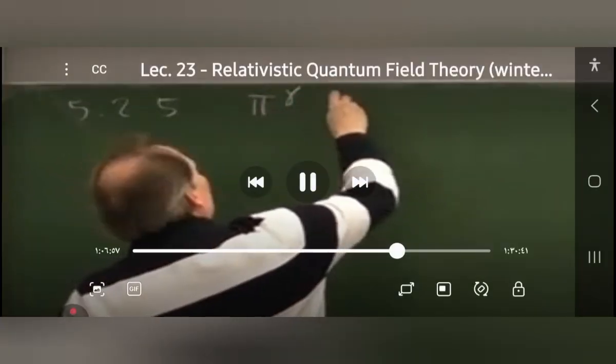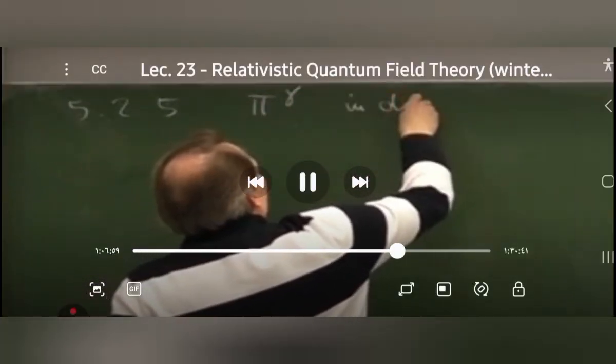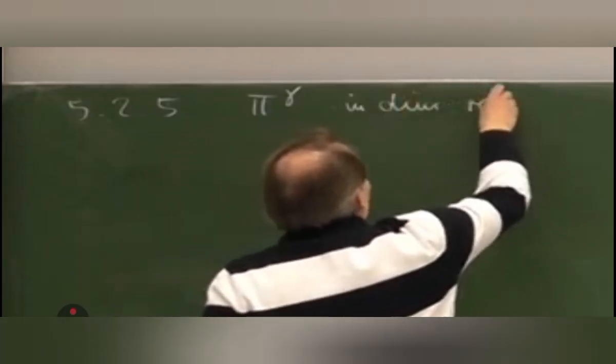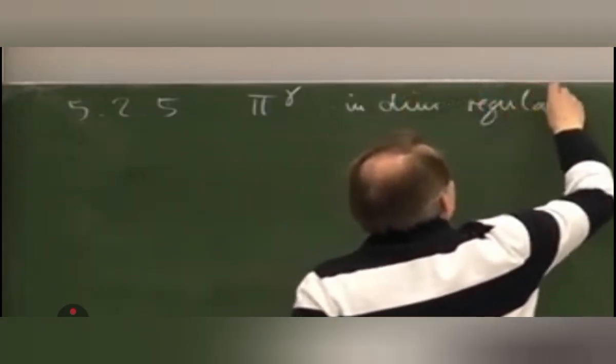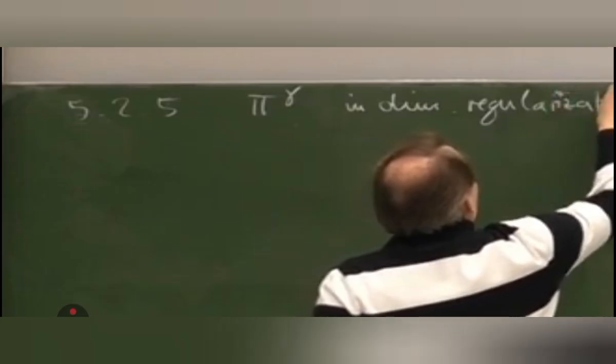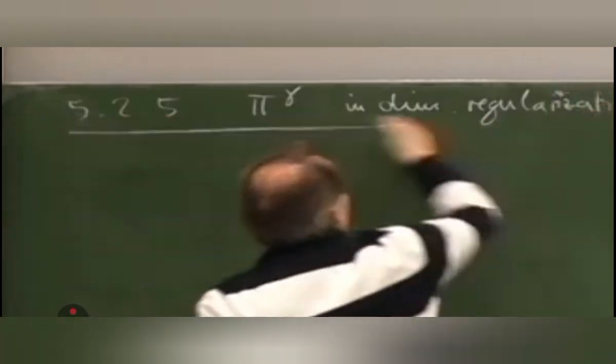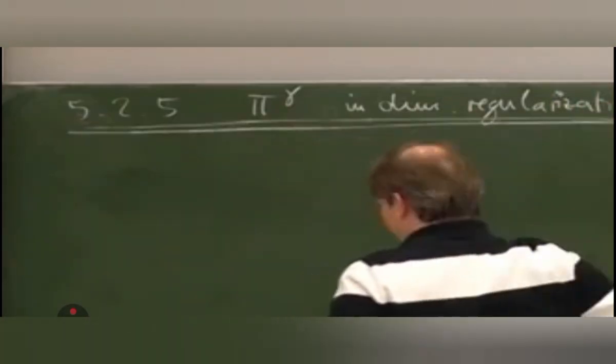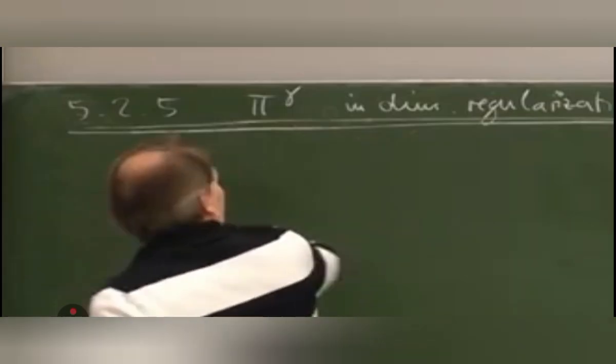So pi gamma in dimensional regularization. So that was what we had in the beginning.